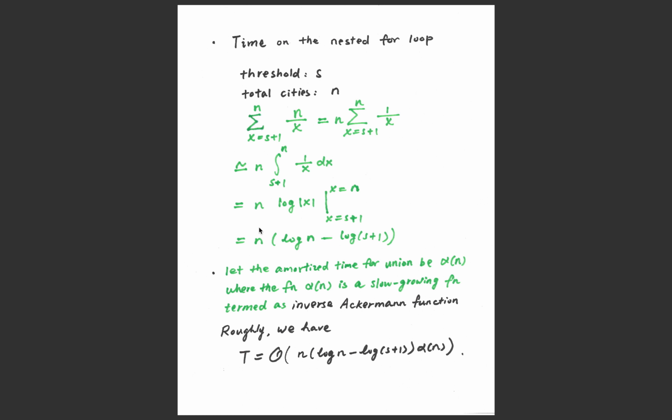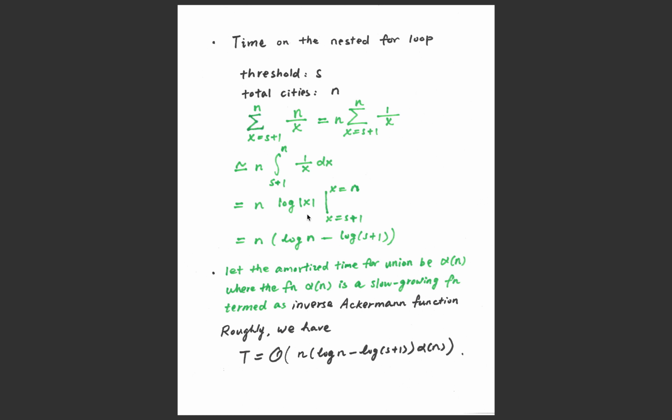So the number of union operations we are doing is n times (log n minus log(s plus 1)). Notice that the logarithm here is the natural logarithm, but this is okay because we count time complexity up to a constant, as we are using big O notation.